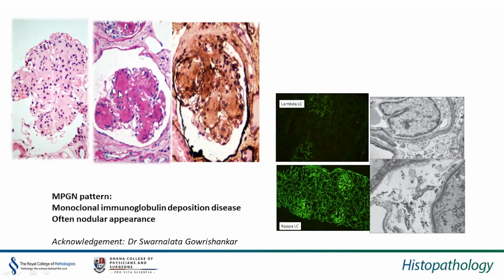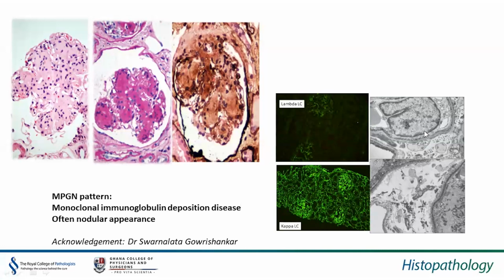So when you see this, there's a straight thought: could this be amyloid? But no, amyloid would not have this kind of hypercellularity, and amyloid is never so intensely PAS positive. On silver stain, you find that this is negative. And if you do immunofluorescence, you find there's no staining for lambda light chains, there's staining for kappa light chains.